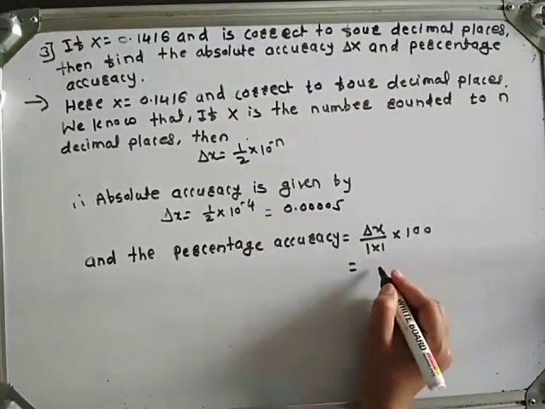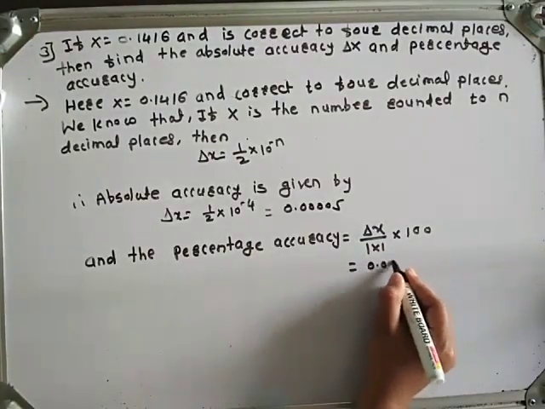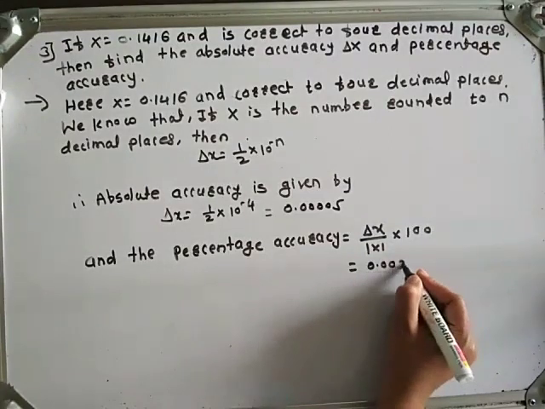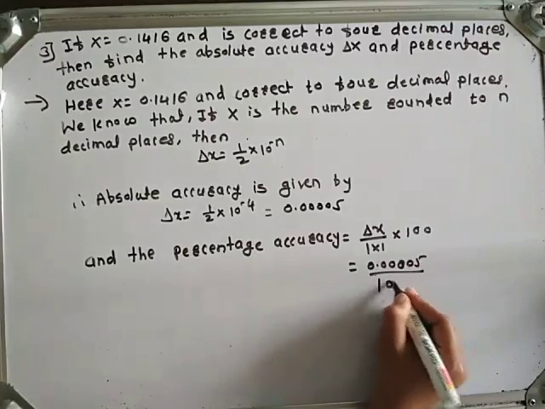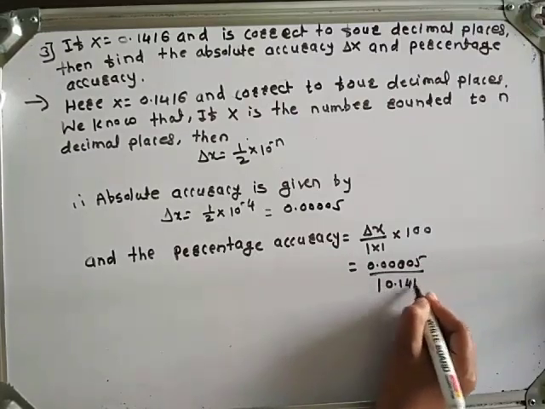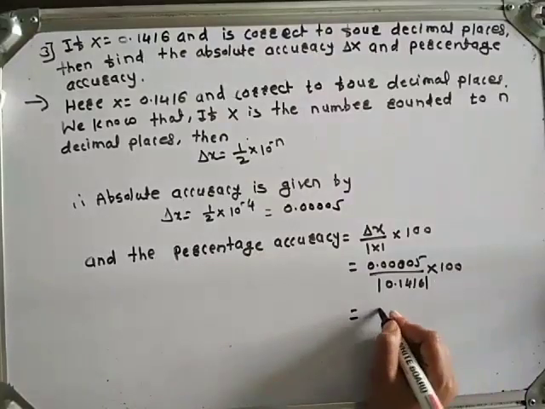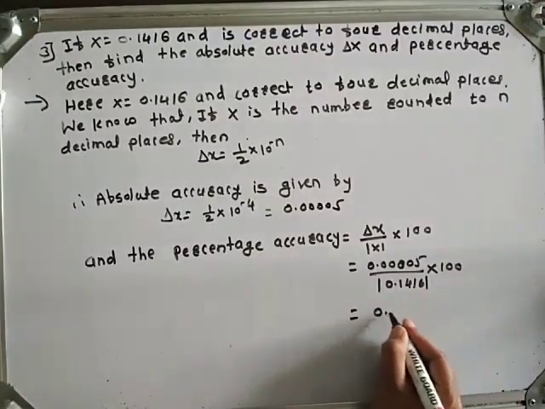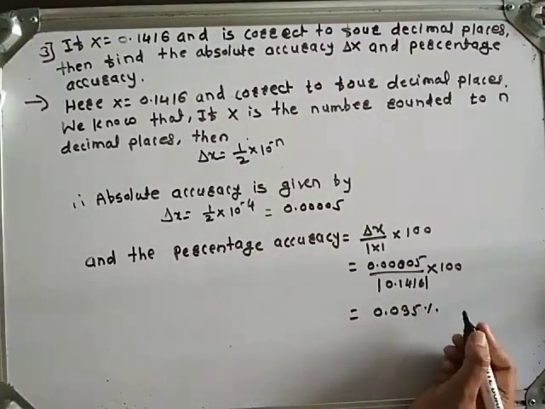What is the value of delta x? Delta x is 0.0005 upon modulus value of 0.1416 into 100. After calculating this value, we get 0.035%.